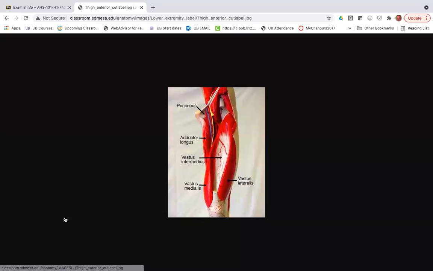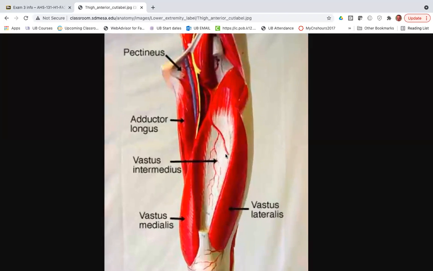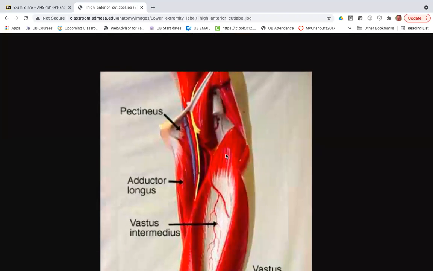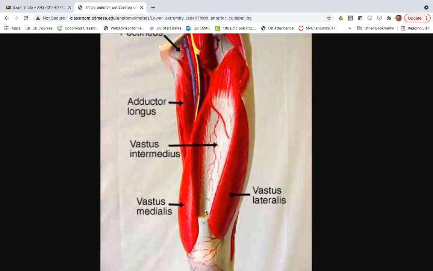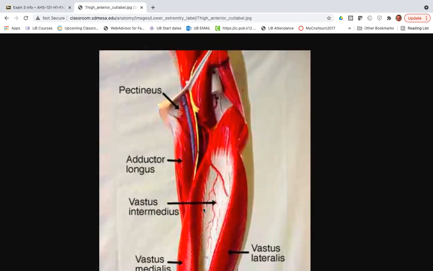Okay, let's review here. Here's the anterior thigh. We got vastus lateralis, vastus intermedius, vastus medialis. Those are three of the four quads. The fourth that's cut is the rectus femoris. The rectus femoris, you can see the tendon right here.